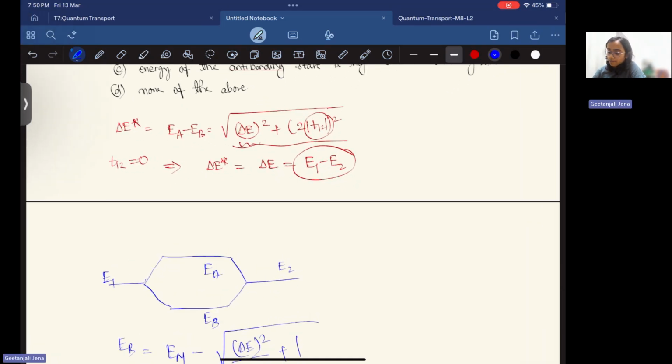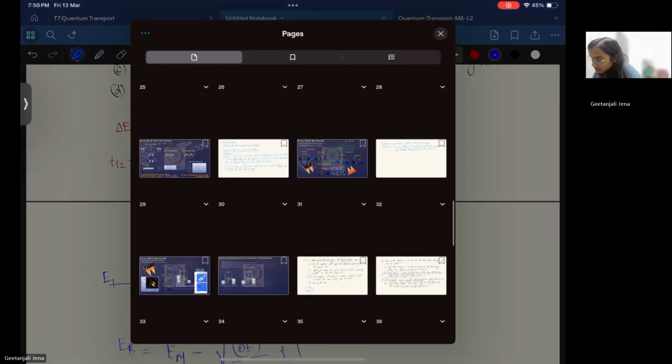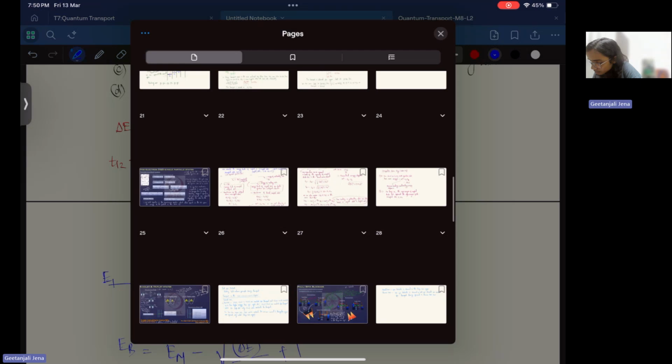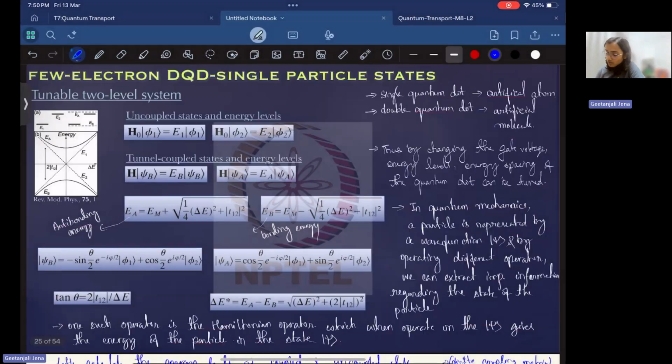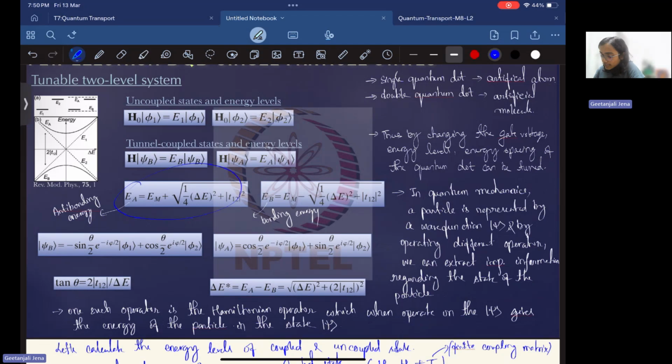Let me see. So if we look at the relation, yes, this one. So EA is EM plus this value and EB is EM minus the same value. So that means the energy levels of antibonding and bonding state are different, and antibonding is at a higher energy level as compared to the bonding state.